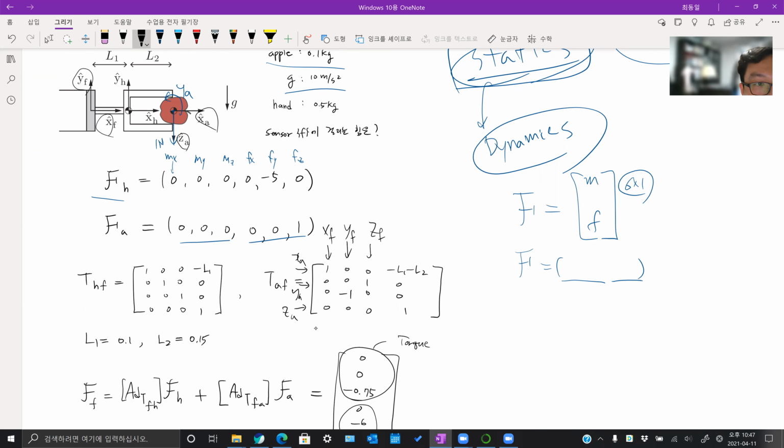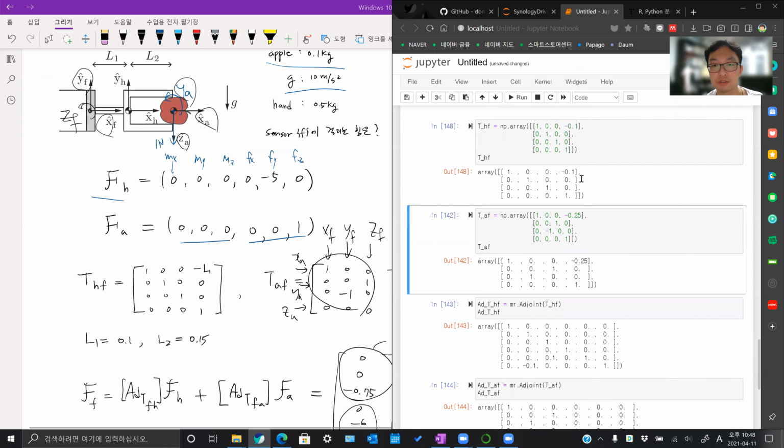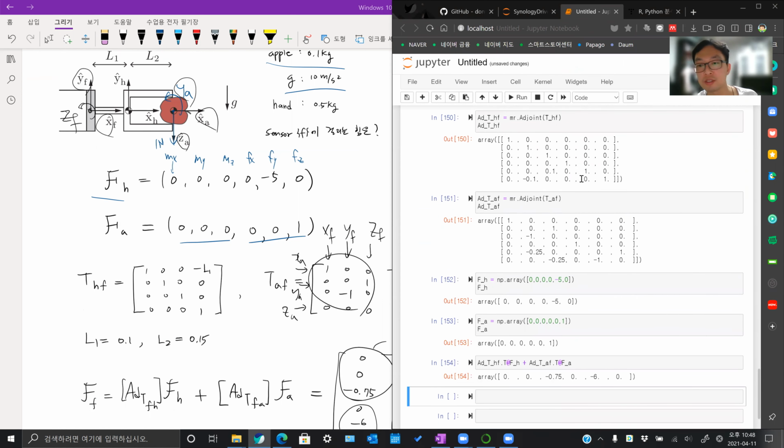And we think about this ZF, and it is the same direction as the YA direction, so 0, 1, 0. So it is correct. So the result is something like this.